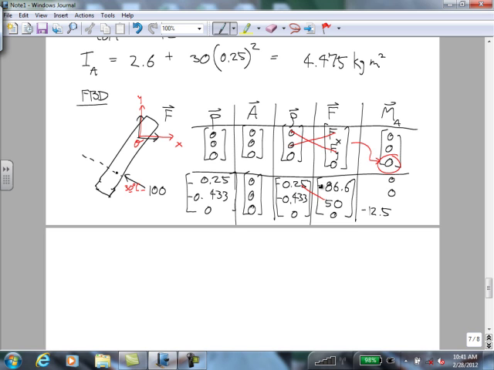And then minus 0.433 times 86.6. What do you get there? 37.5, I think it should be.